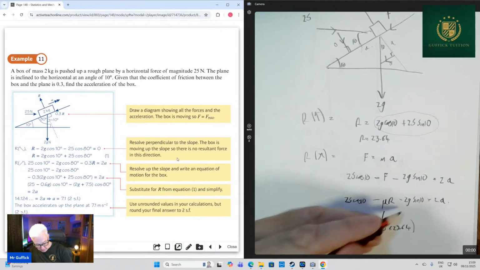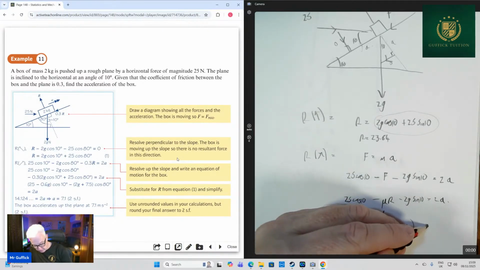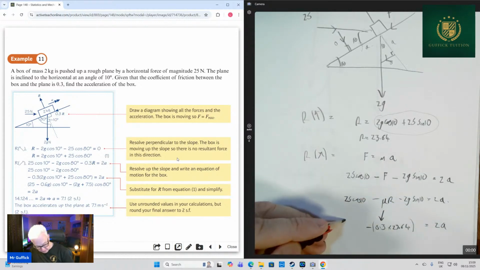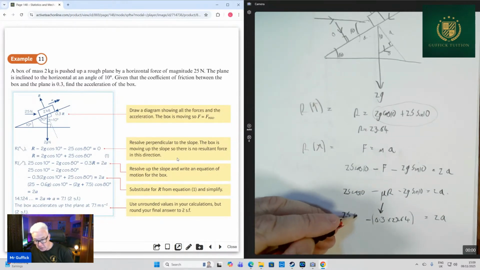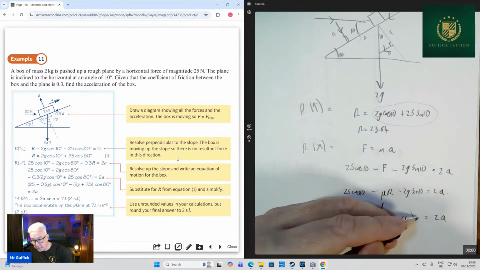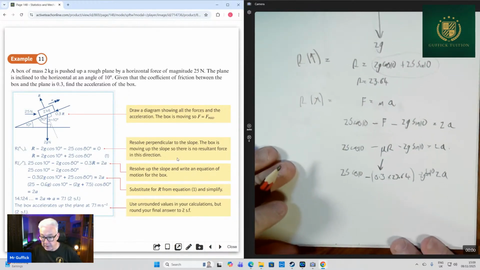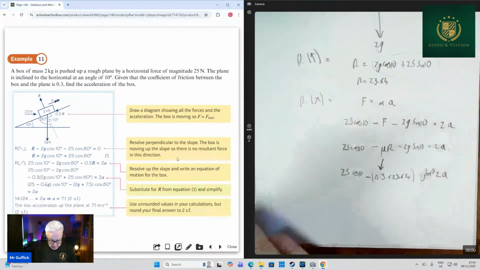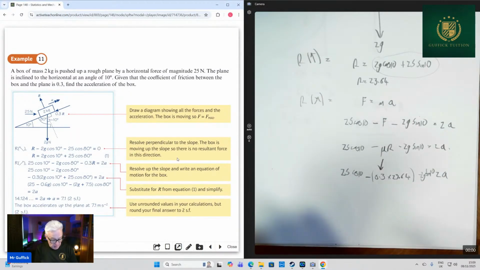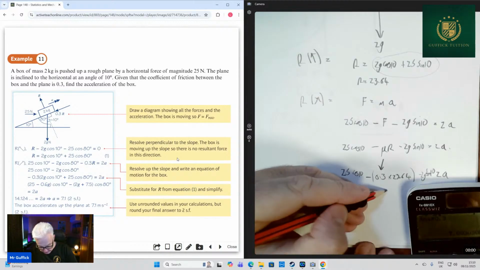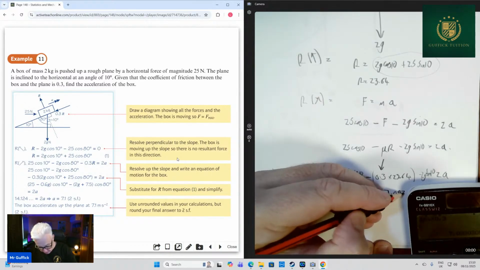And then we know that and we know that, so we can work out what all of those are. So if I just write 25 cos 10 there, and I write minus 2g sine 10 there. So let's work out what these are. 23.64 times 0.3 gives us 7.093.